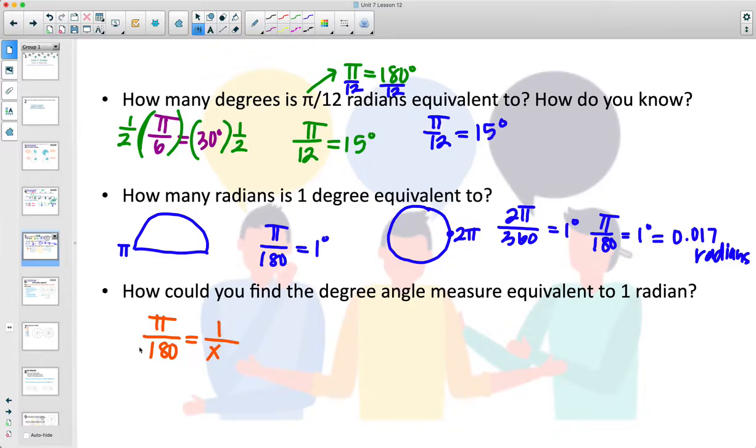So you could set it up that way. You could think of it as part to whole. So 1 radian compared to pi radians is going to equal how many degrees to 180 degrees? And then you could solve that way. And so if we end up cross multiplying here in either case, you're going to end up with 180 times 1, and then pi times x, and then divide by pi. So 1 radian would equal 180 divided by pi degrees.